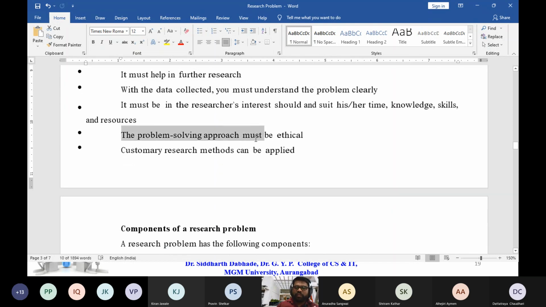The problem solving approach must be ethical. While doing your research work, you must follow research ethics. There is a requirement of a code of conduct, and it is our duty to follow the ethics.